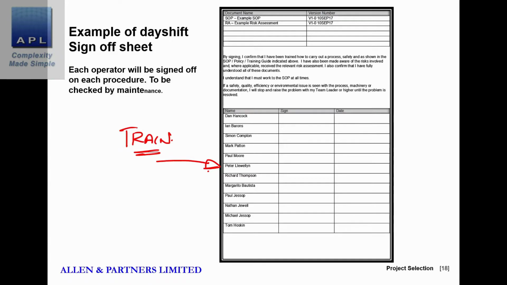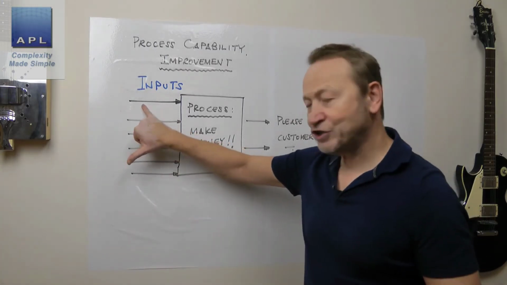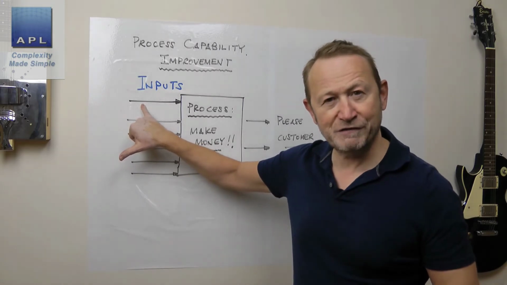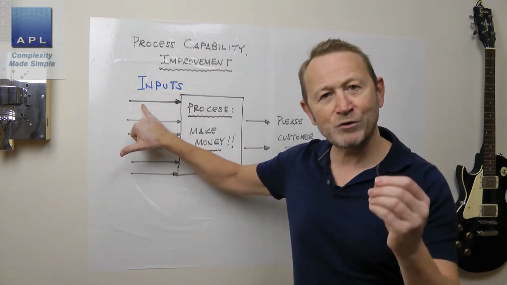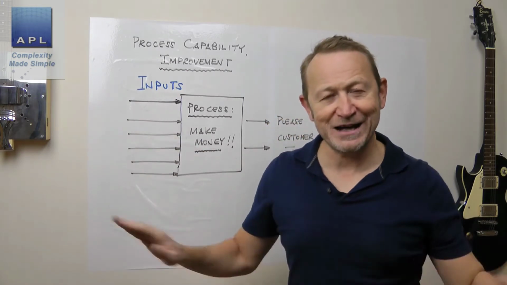And you can see, look, what have they asked them to do? I understand I must work to the standard operating procedures at all times. So there's no skill here. They're saying there's a standard operating procedure for this variable. Your role and responsibility is to stick to it, and that's it.